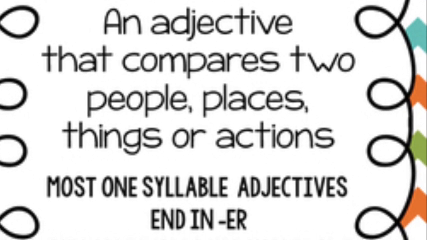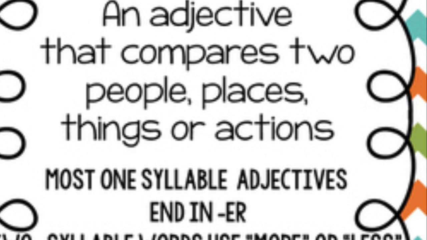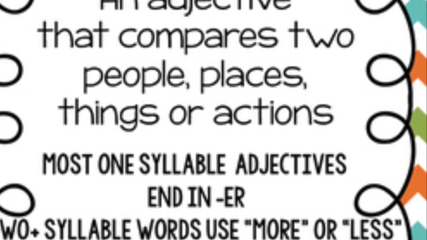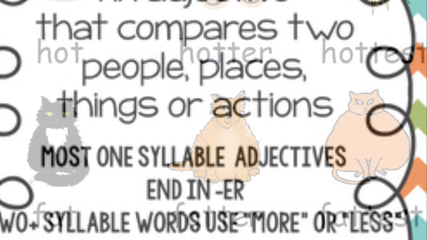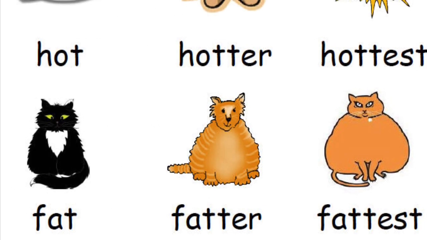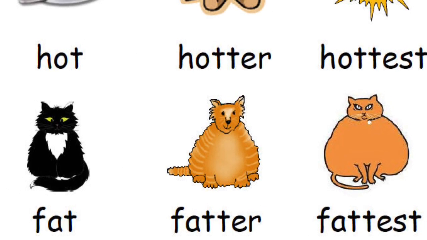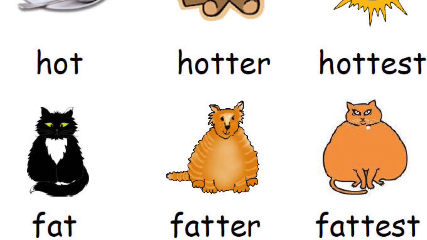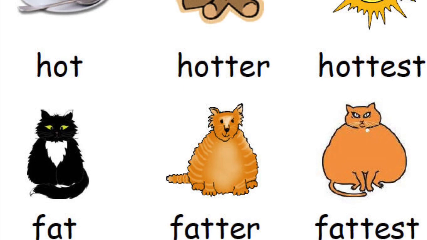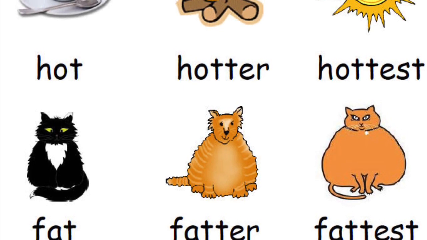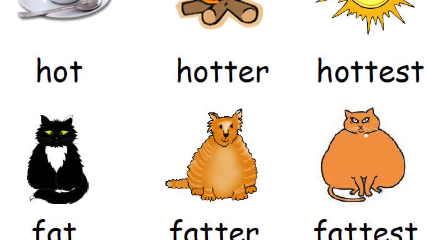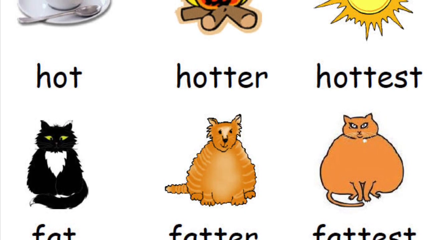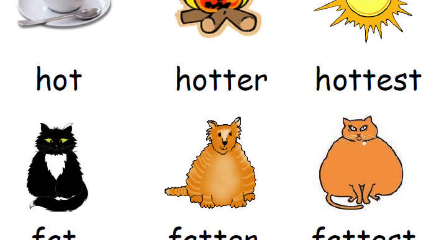Adjectives that compare. Comparing with adjectives shouldn't be new to you. You've already learned that we use the suffixes ER and EST to compare things. When you compare two things, you use the suffix ER. Remember, I told you in an earlier lesson that I like to remember the suffix ER has two letters, and you use that suffix when you are comparing two things.